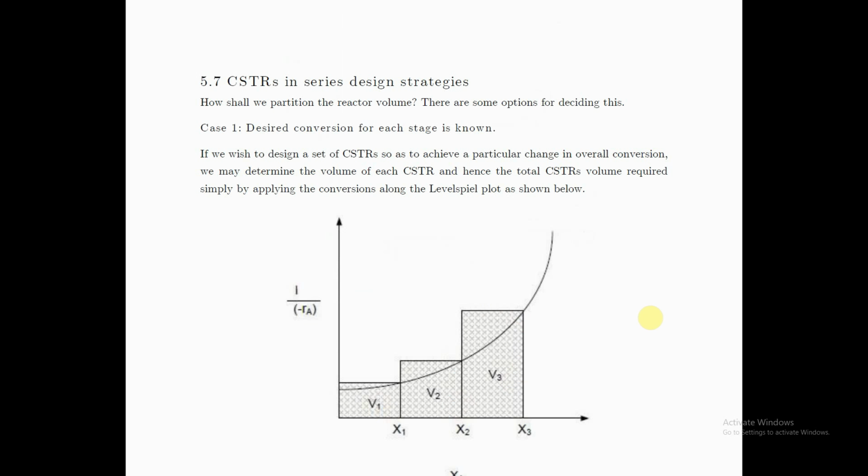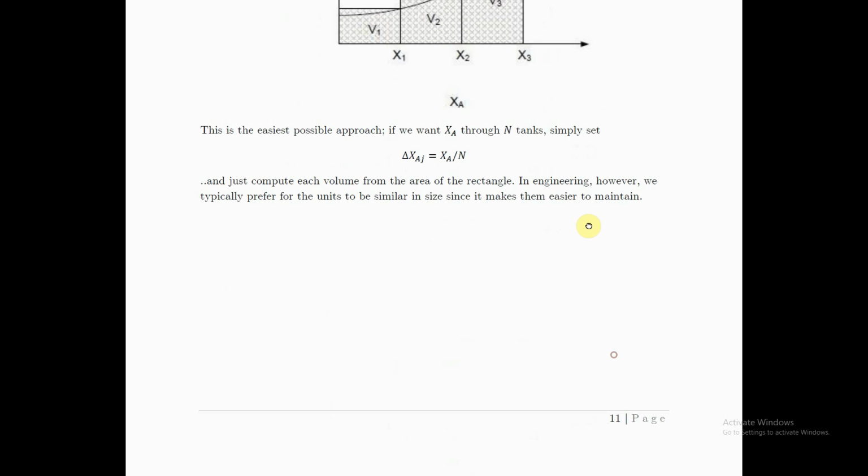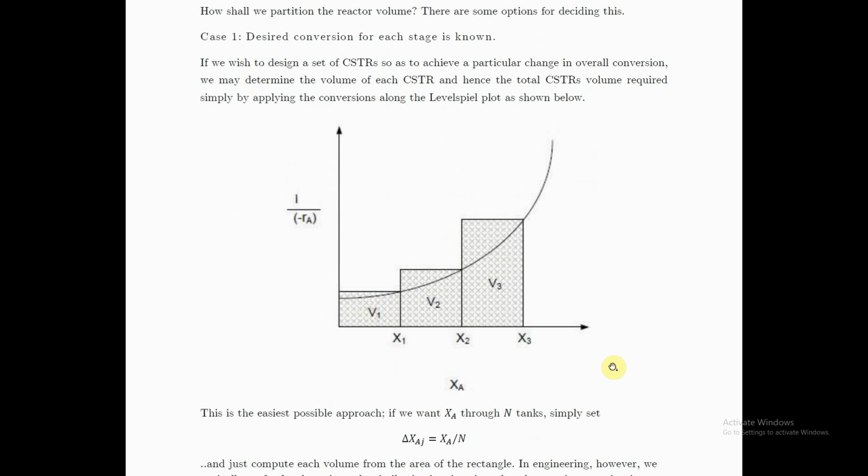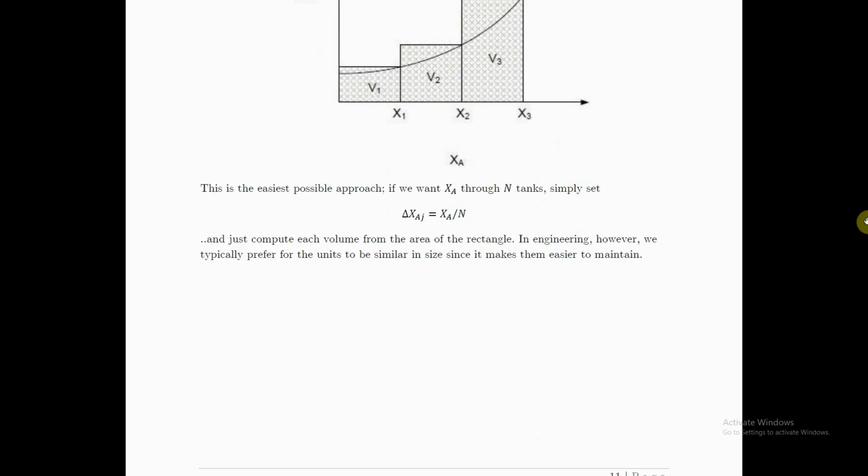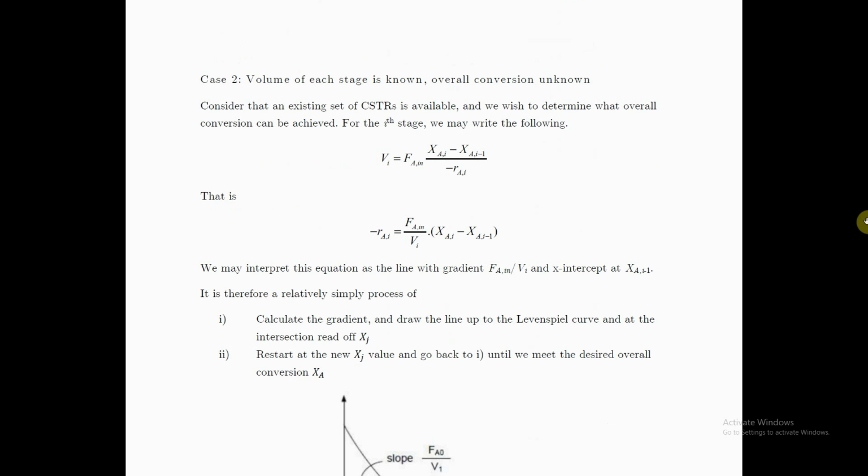So maybe it's 3 or 4 or 5 CSTRs. So it gives us a nice low volume, but at the same time, the overhead costs are not so high that we can't even construct it. So we carefully optimize N, and then we get the best of both worlds. Easy to create reactor, and still fairly efficient. So that's CSTRs in series.